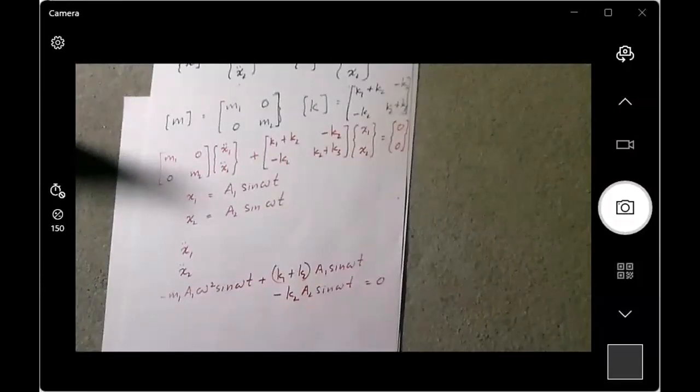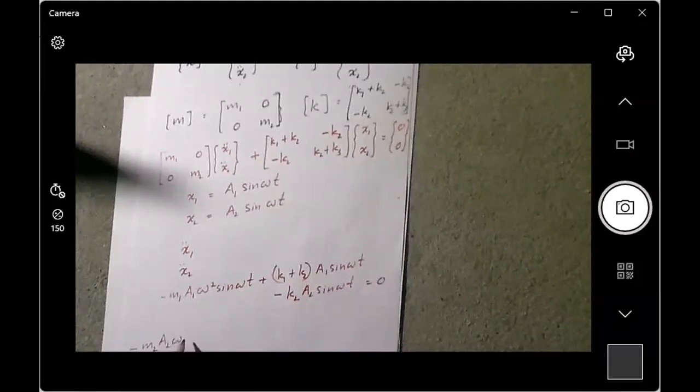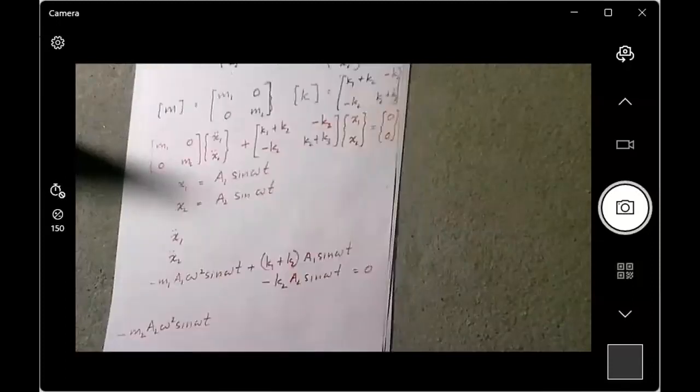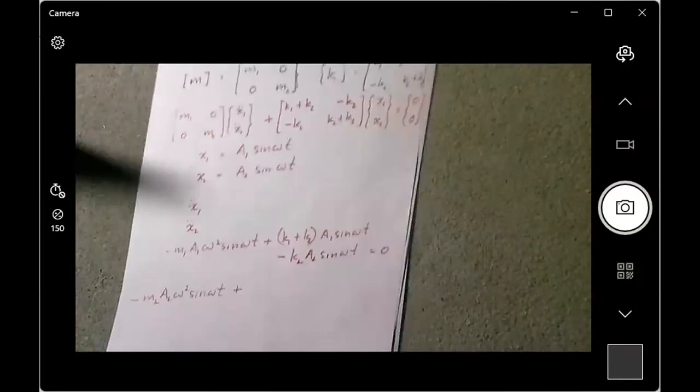Excuse me. Yes. What's the problem? Minus M2 A2 omega squared. Excuse me. Yes. Yes, you can ask. Sir, we can't see the paper, sir. Now is it okay? We can't see the paper, sir. Is it okay now?